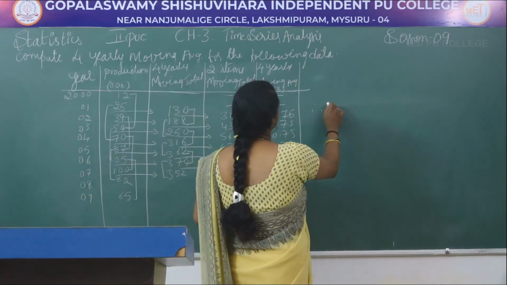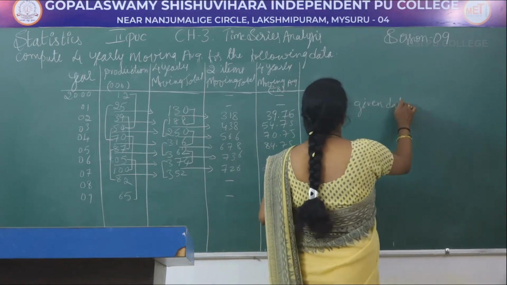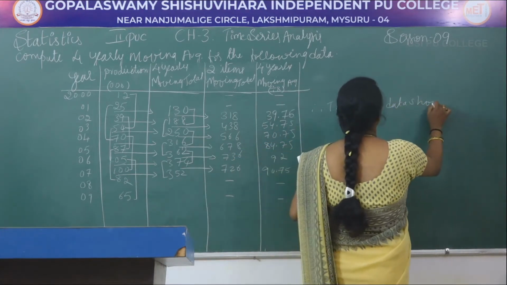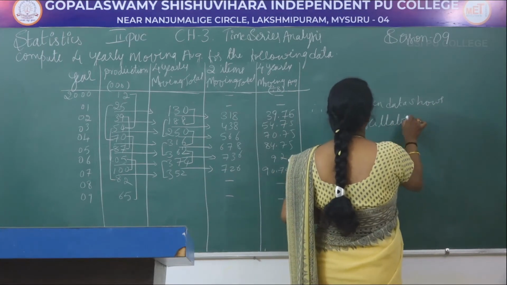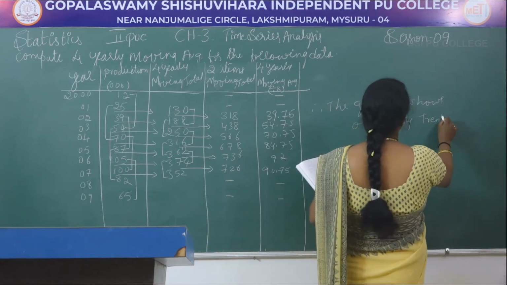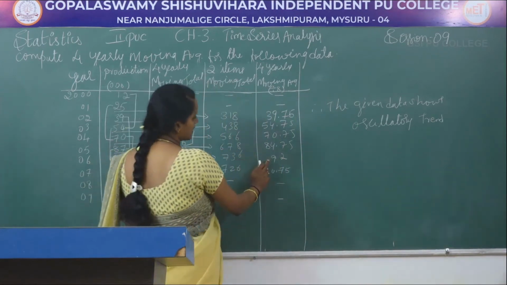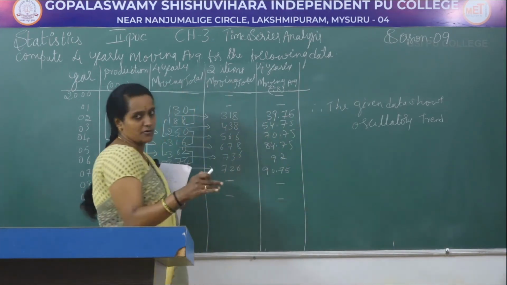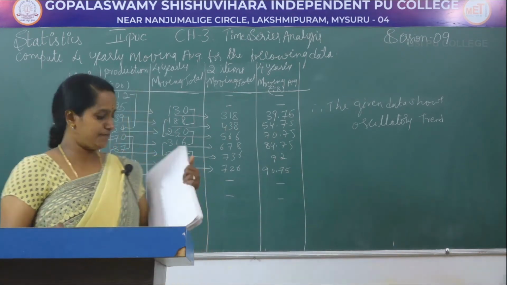Therefore, the given data shows oscillatory trend. It is oscillating. Till here it is increased, at last it came down.